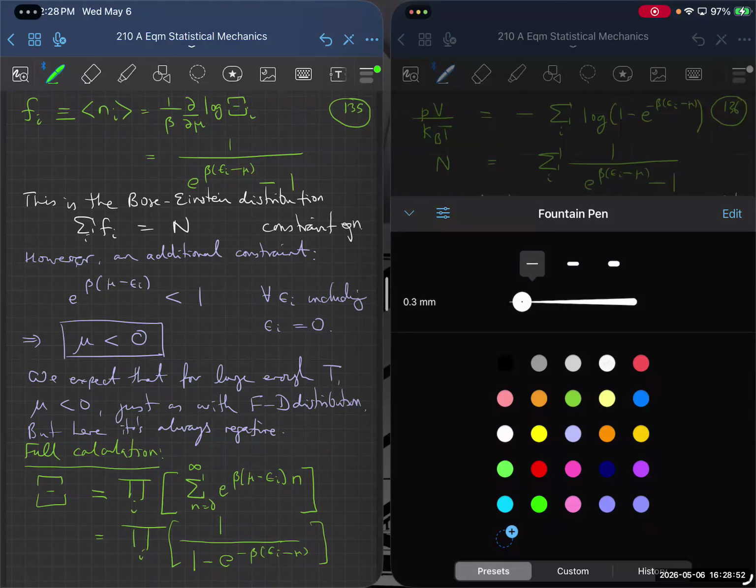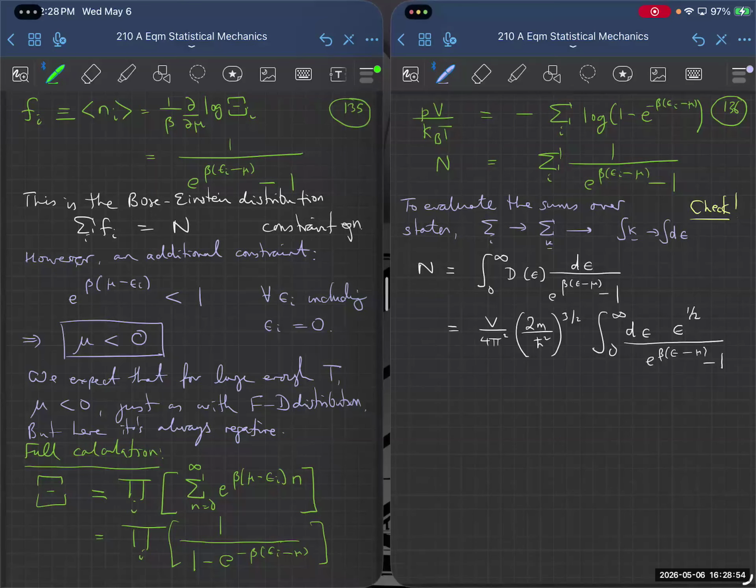So now let's have a look at this function. It's very interesting. On the right hand side, I've got a bunch of factors, and then I have the integral itself. So I'm now going to write this in the following way.